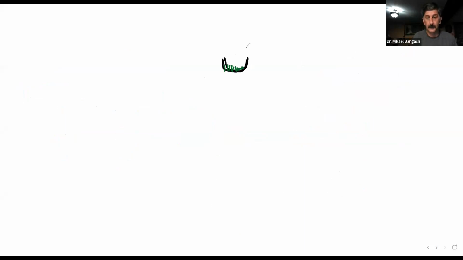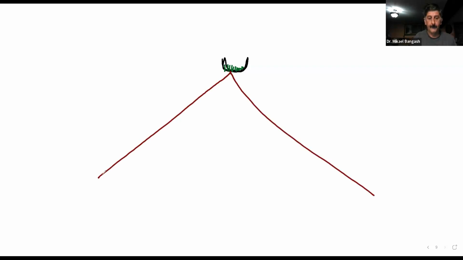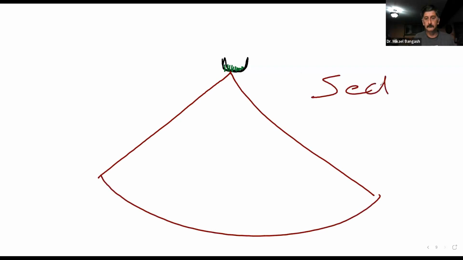But the image shape is still going to be sector shaped. Is that clear?